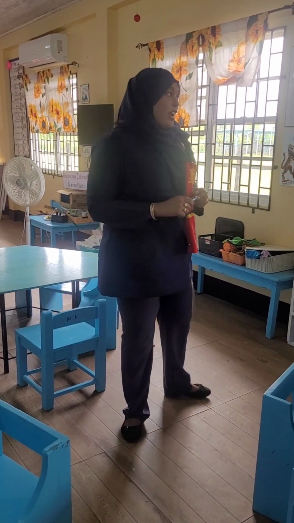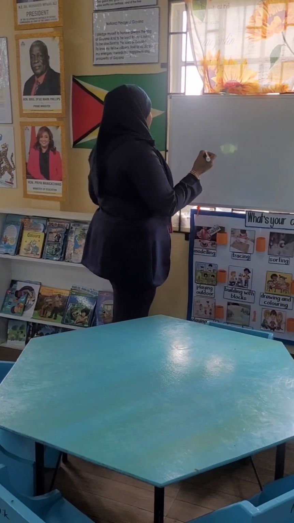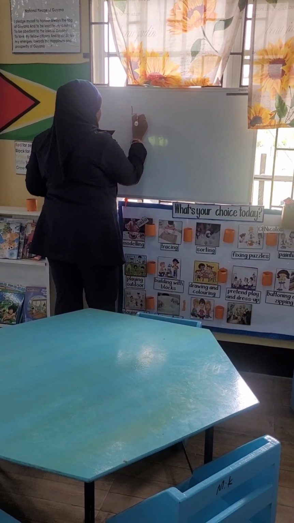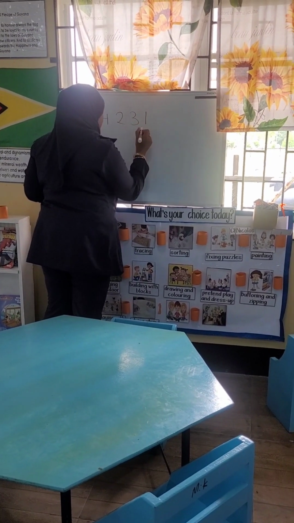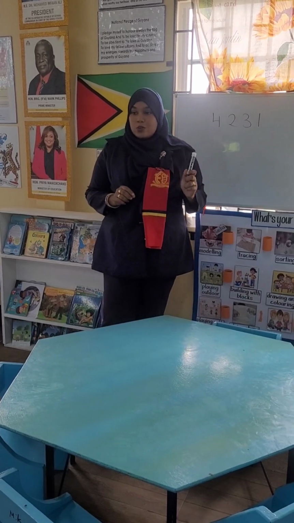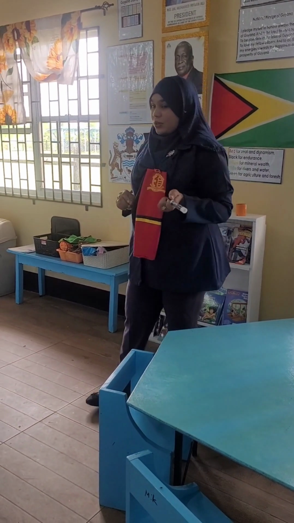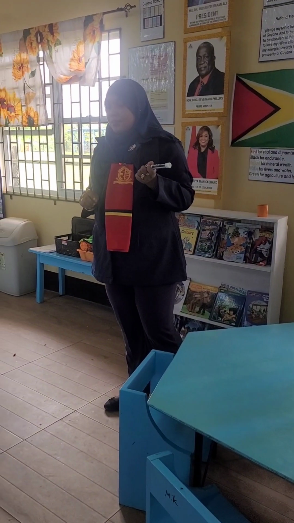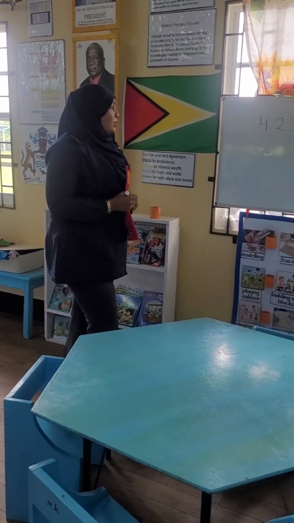So if I write a 4-digit number on the board, can you identify which number is ones, which is tens, which is thousands, and which one is hundreds? Okay, so let us go.